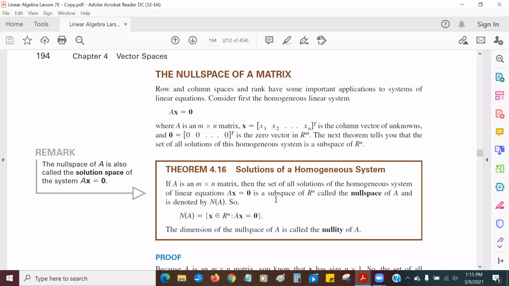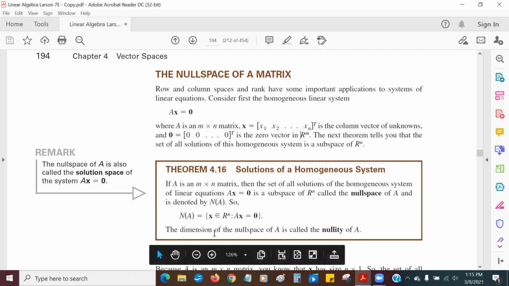So here's our theorem. If A is an m by n matrix, then the set of all solutions of the homogeneous system of linear equations AX equals 0 is a subspace of Rn, and that subspace is called the null space.